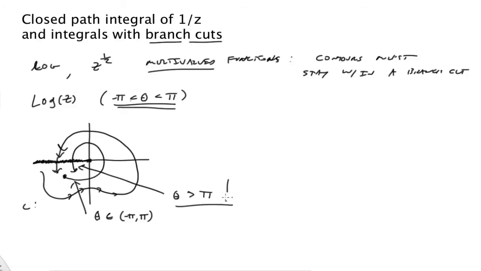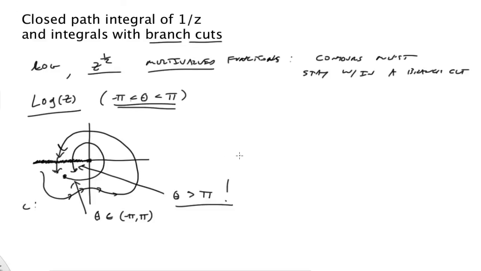That, of course, is a problem because our log function can't take that value. Similar things happen with the square root function. We have to take branch cuts for all of these functions in order to make them single valued. So as we do contours, we're going to have to watch that.